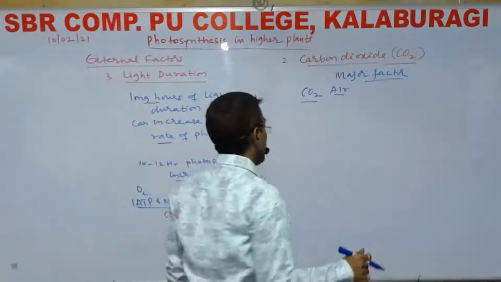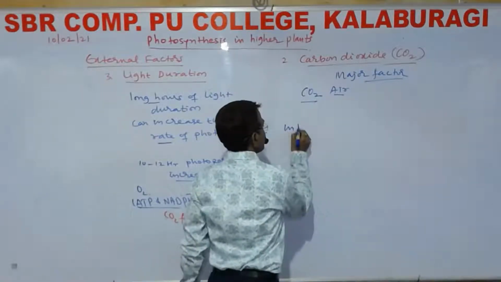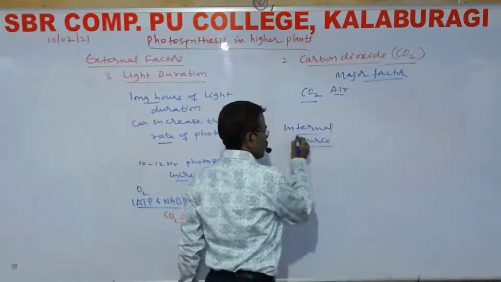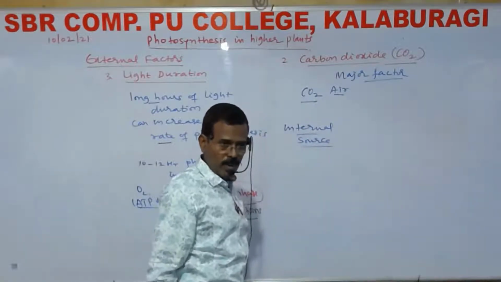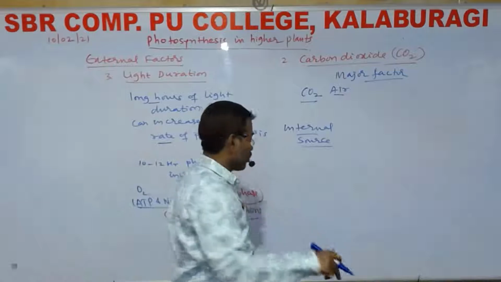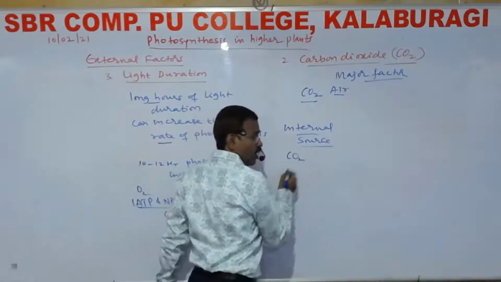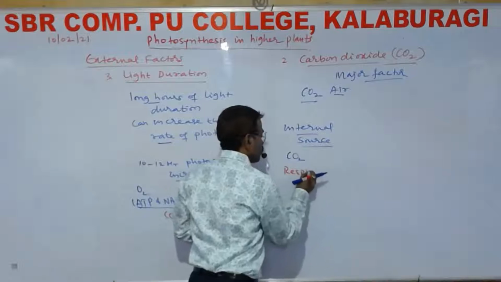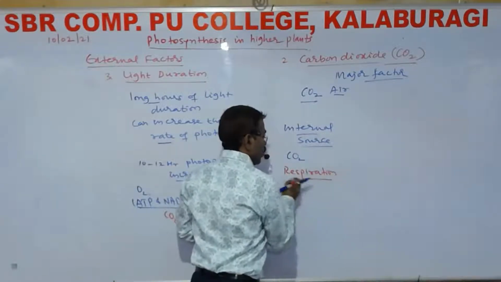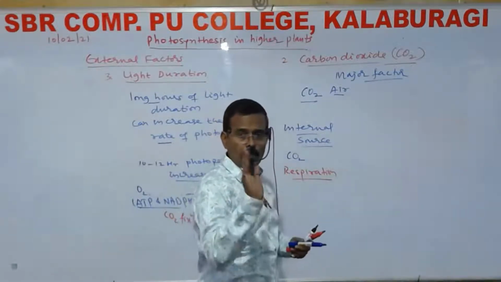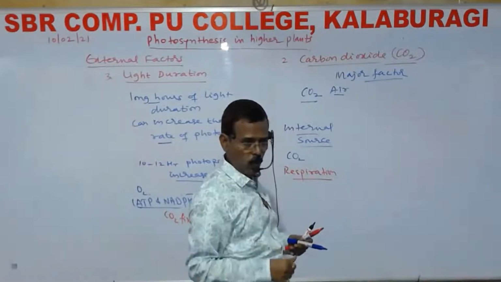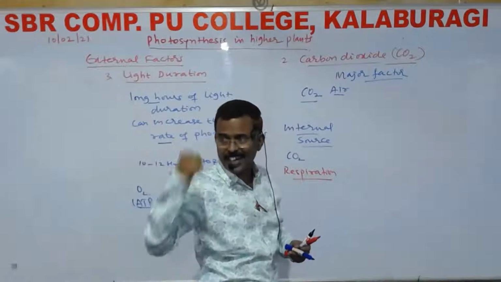Even plants can use an internal source of carbon dioxide. The internal source comes mainly from the respiration process. Whenever respiration occurs, complex organic food is broken down into simple molecules like carbon dioxide and water with the release of energy.